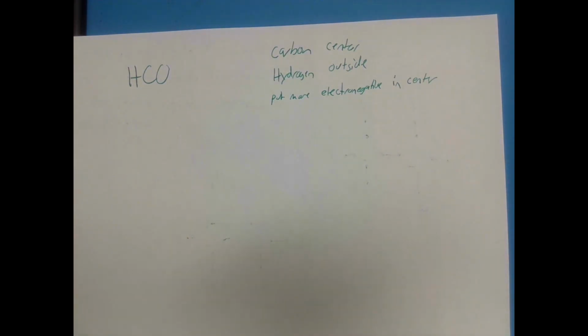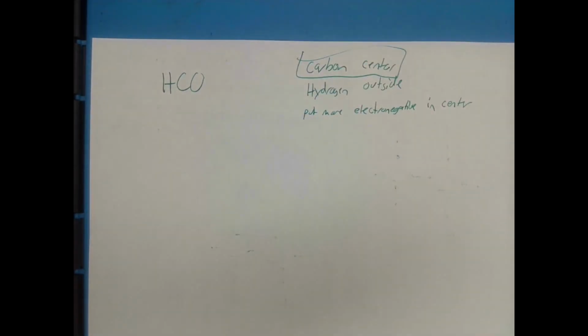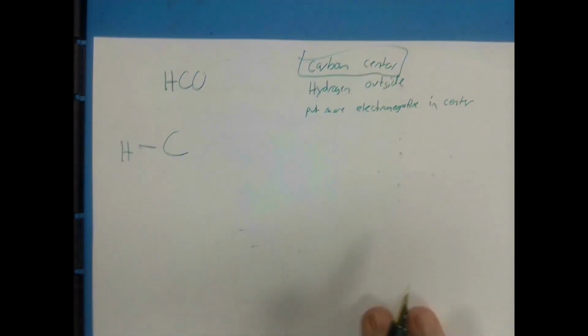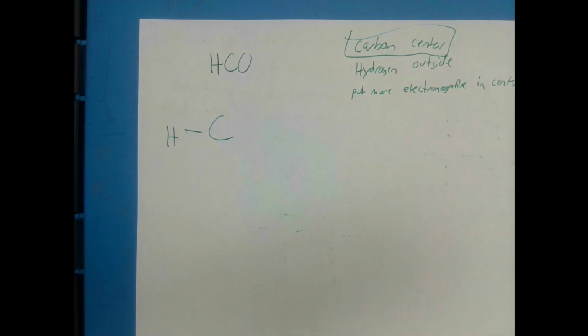So what's going to go in the center? Carbon always goes in center. What's going to go on the outside? Hydrogen. Hydrogen. Now, what would happen if I put oxygen on the hydrogen? Hydrogen would be in the center.